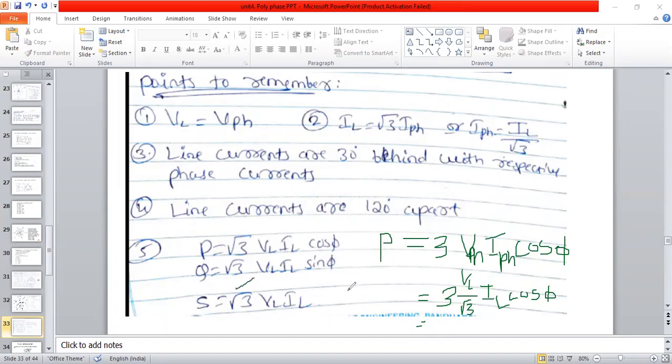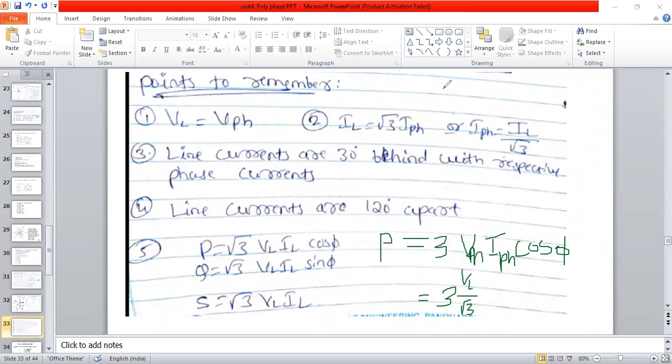Root 3 VL IL cos phi. This is the formula for the star connection we have identified.